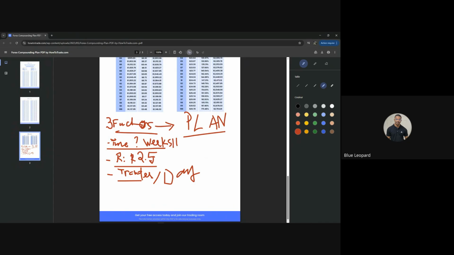Duration. Let me change the color. Duration. Here, it's your benefits per time. Benefits per time is just interest. And here, it's frequency. Trades per day. Frequency will tell you how fast you can go.